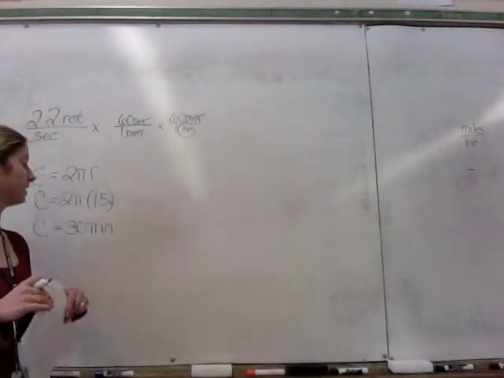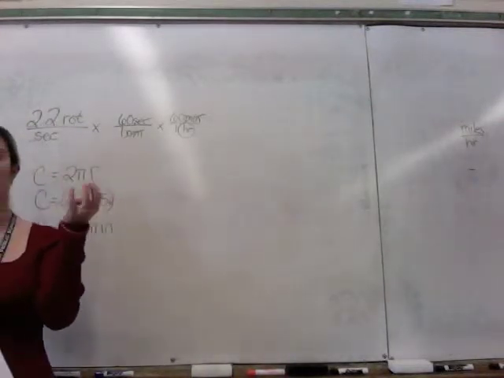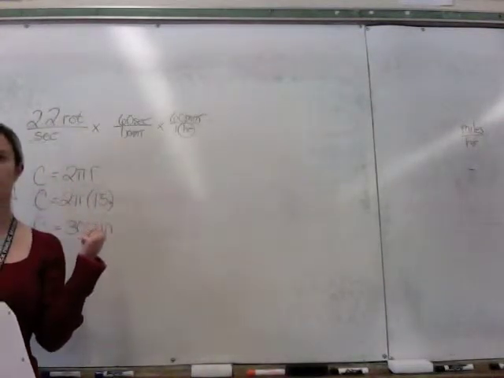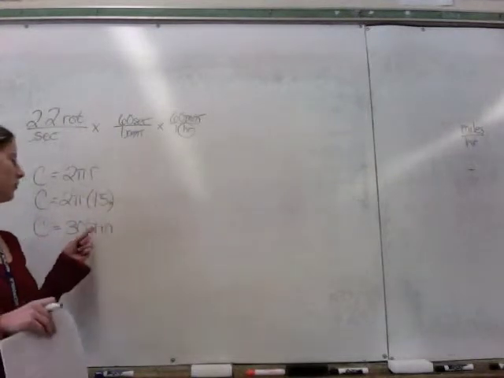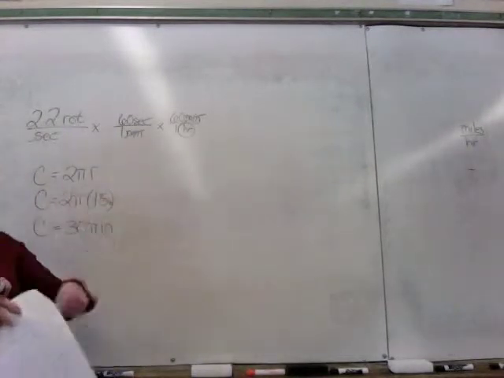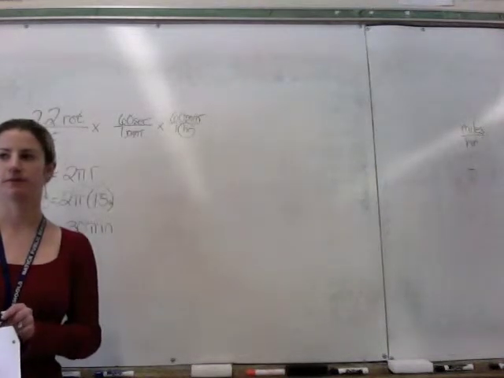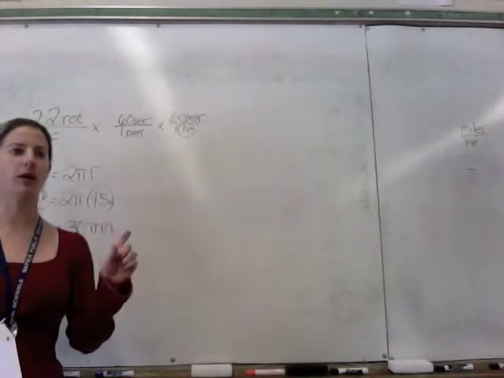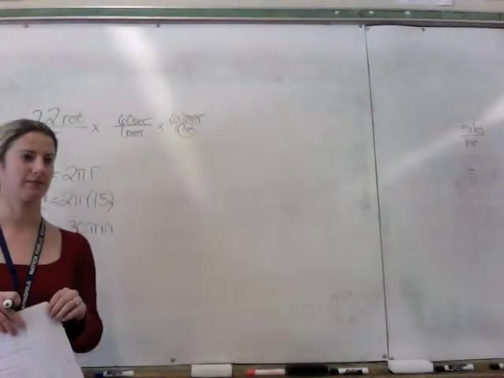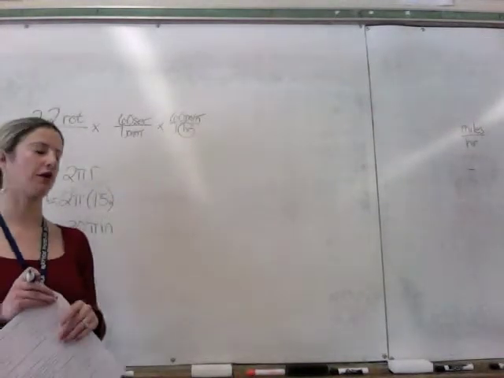I'm going to give you plenty of time to write this down, so if you do have a question on this problem, be with me for 1 second. If you don't, you can keep working. How can I relate the circumference to a rotation? Very good.